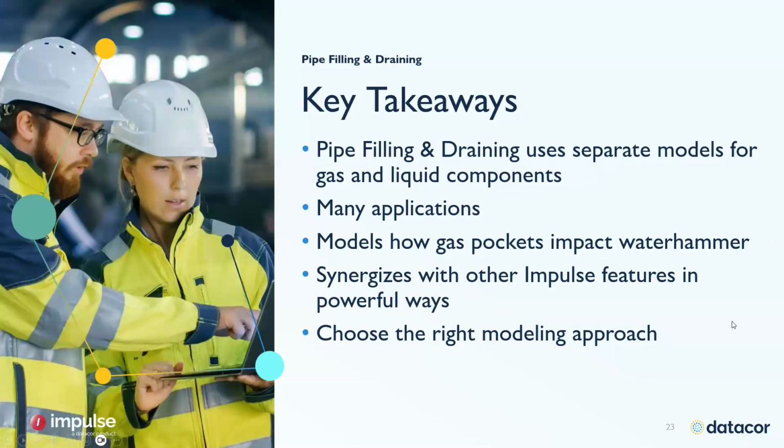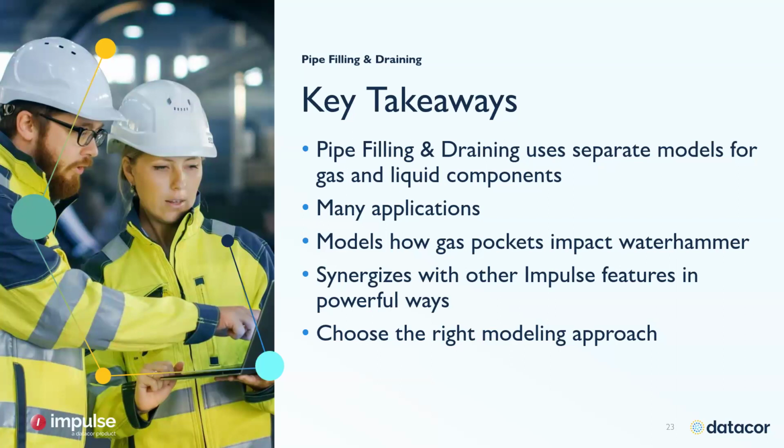So our overall key takeaways from this webinar: pipe filling and draining replaces transient cavitation models, and it uses discrete modeling approaches for the gas and the liquid portions. This is useful for a wide variety of fields, but especially for system commissioning and shutdown or modeling system failures.